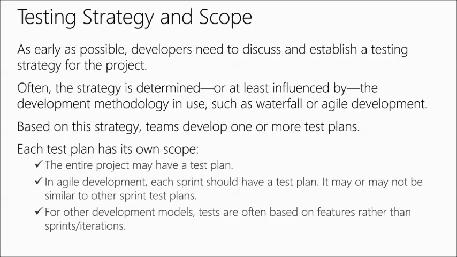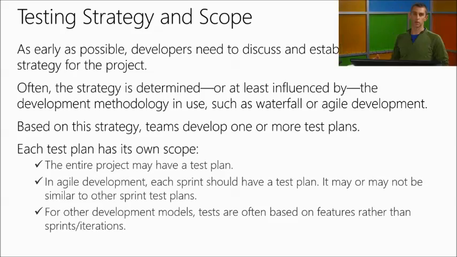Once you define whether you're using Agile or Waterfall, the way the teams engage is a lot different also. Each plan would have its own scope. Can you talk a little bit more about the scope of these plans? Sure. In the Waterfall methodology, the test plan is going to include everything for the project end to end. In Agile, it's going to include whatever is in that 2-week sprint.